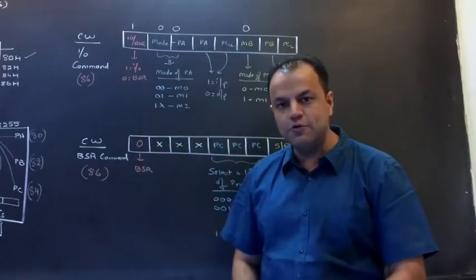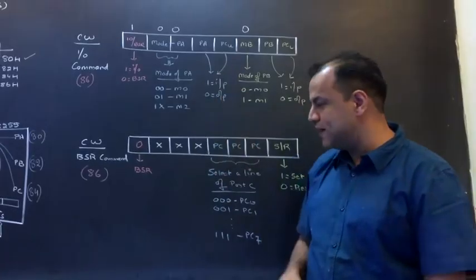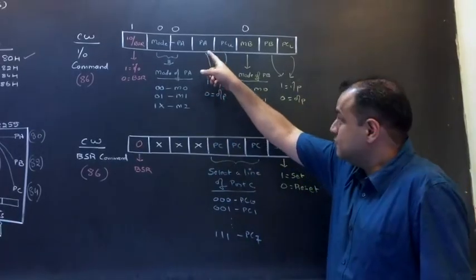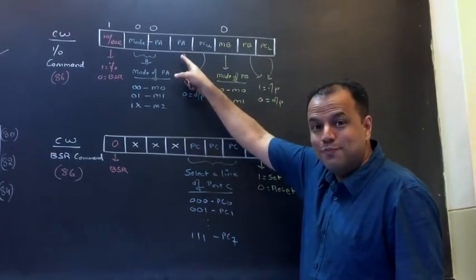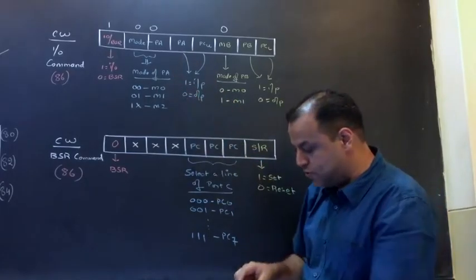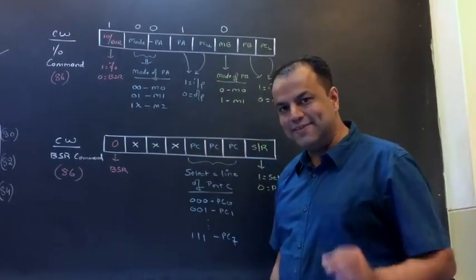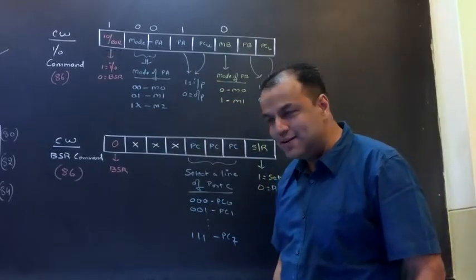So you need to inform 8255 which port is input, which port is output. That you do individually port wise. So this bit tells the direction of port A. 1 means input, 0 means output. So suppose I keep this bit as 1. That means port A is an input port. Did you understand this?